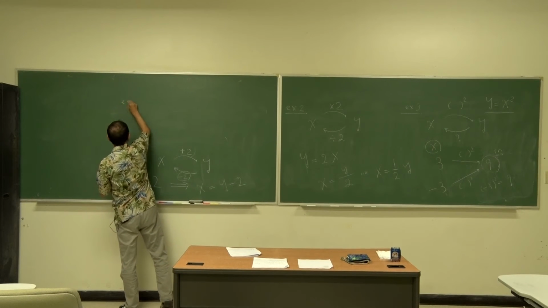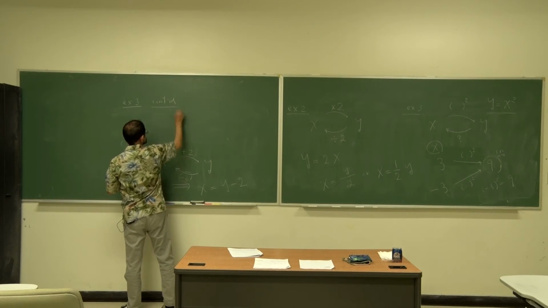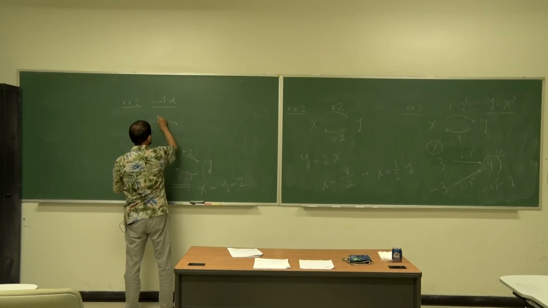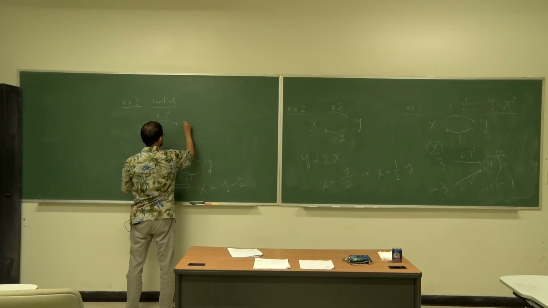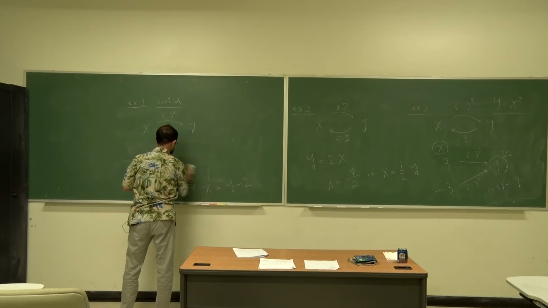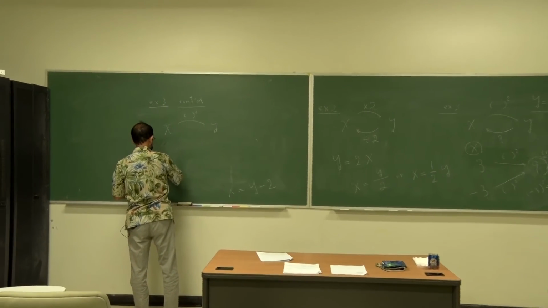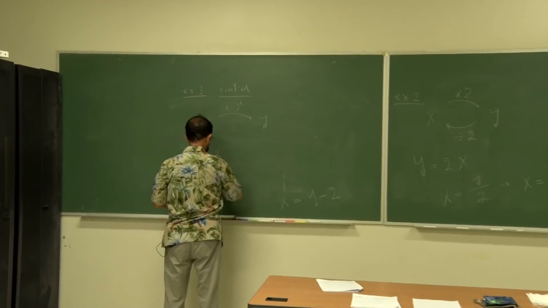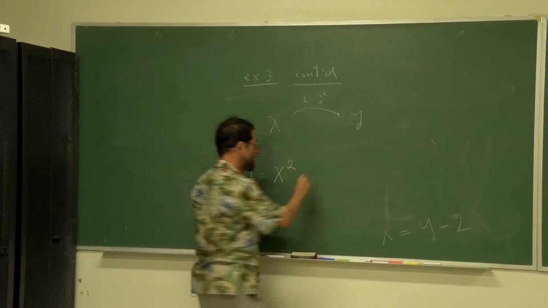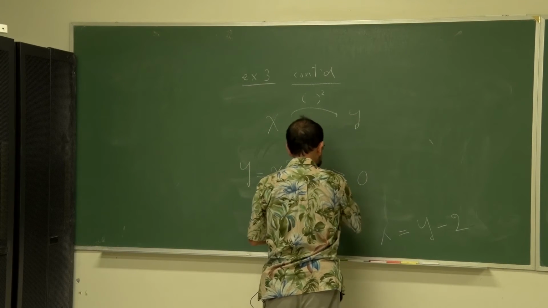So for the third example, what I really want to do is get the inverse of a square function. I have to say y is equal to x squared, together with specifying x is either positive or negative.